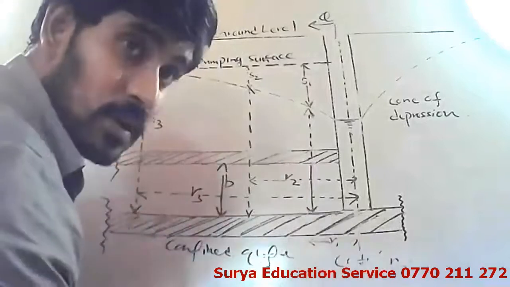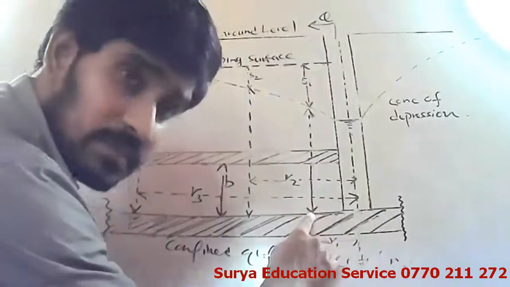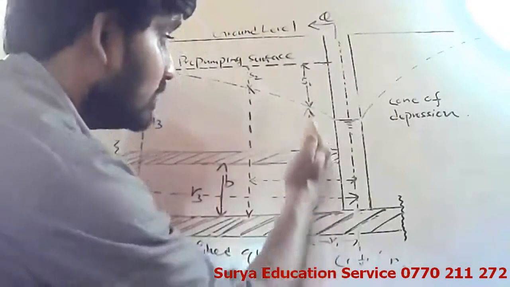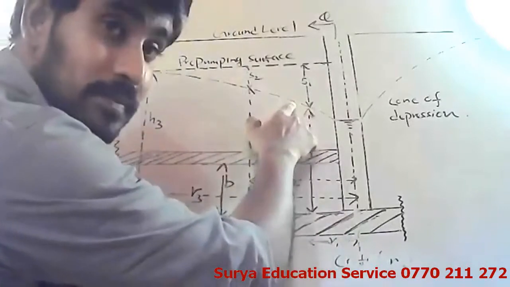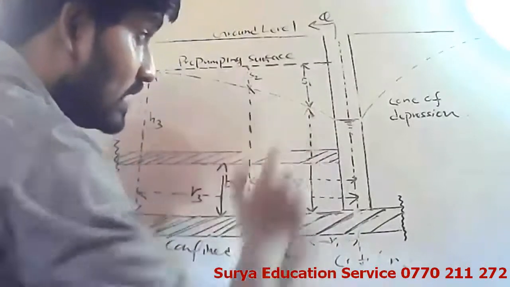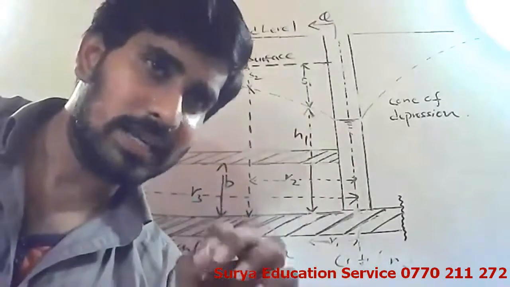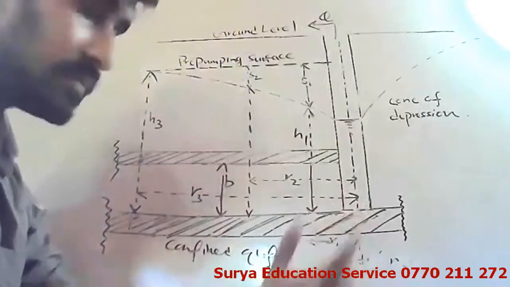So measure horizontal distance r1 from the center line till here. Starting from this bottom surface, sketch a vertical line until it meets this curve. We call this h1, the height to the water level measured at a distance r1.